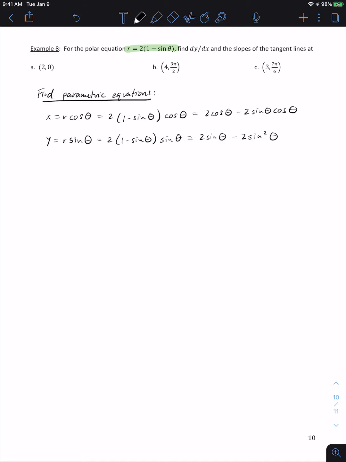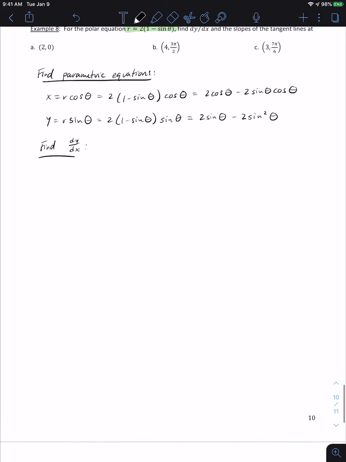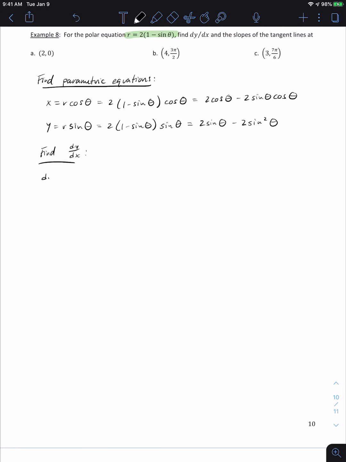Okay, so now I need to find my derivative, dy over dx. In order to find dy over dx, I need dy over d theta and dx over d theta, right? So dy over d theta, the derivative of my y. In order to do that one, I'm going to do regular derivative and then chain rule.